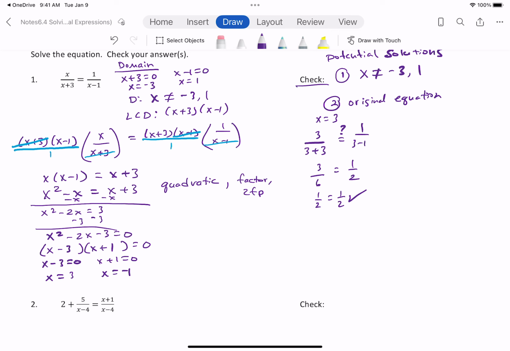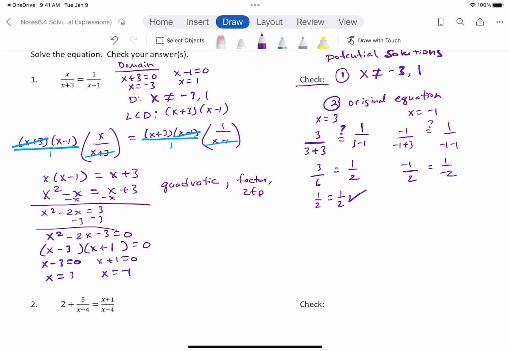Then we need to also check the x equals -1. So if I plug that into the original, we get -1 over -1 plus 3. And we want to know if that's equal to 1 over -1 minus 1. So we get -1 over 2 equals 1 over -2.